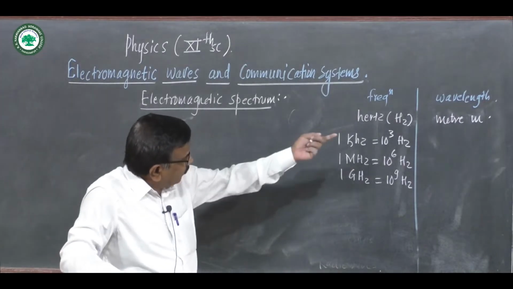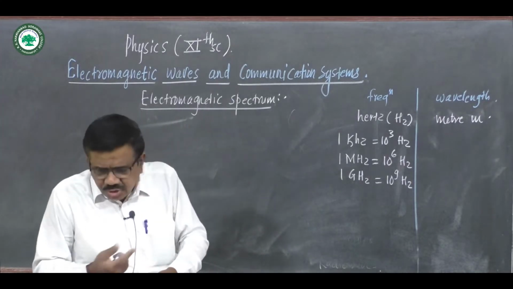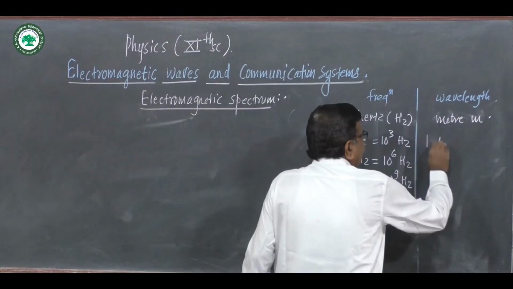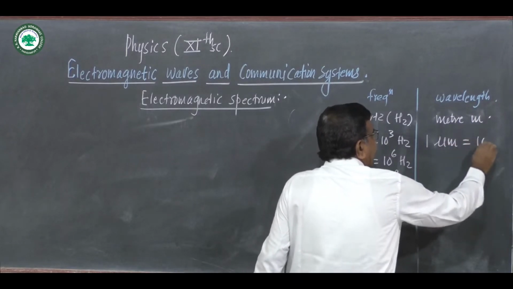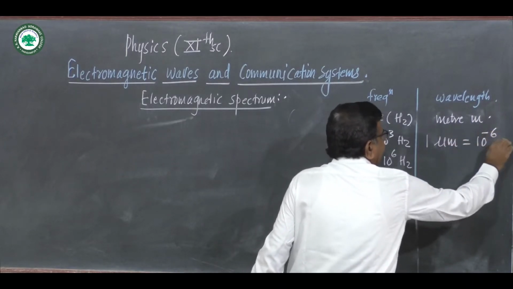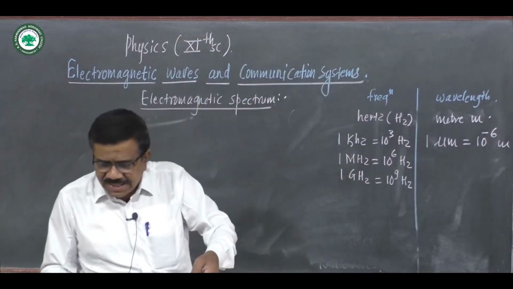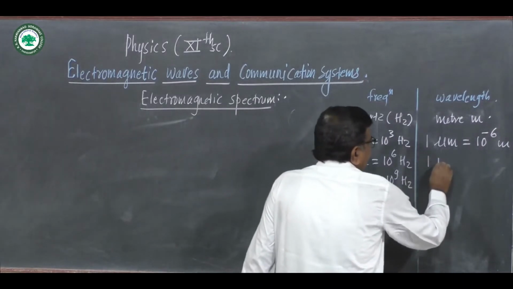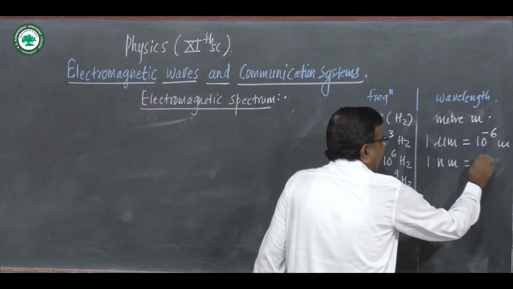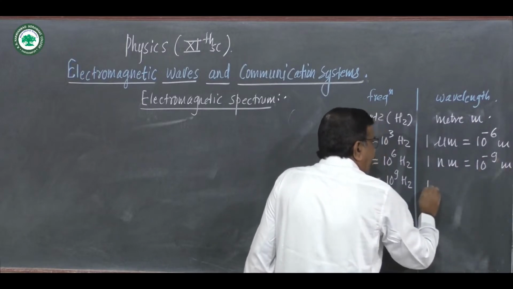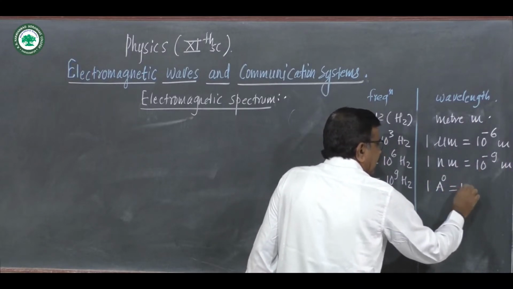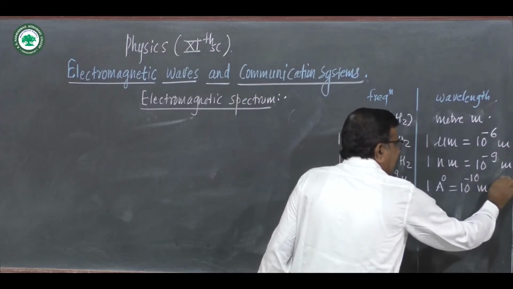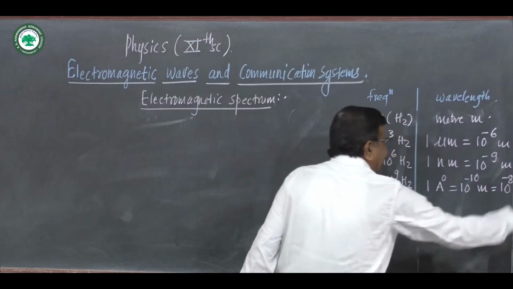Similarly, the SI unit of wavelength is meter, and we also use some smaller units: 1 micrometer is 10 raised to minus 6 meter. 1 nanometer is 10 raised to minus 9 meter. 1 angstrom unit is 10 raised to minus 10 meter, or also 10 raised to minus 8 centimeter.